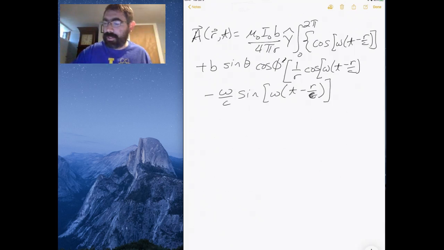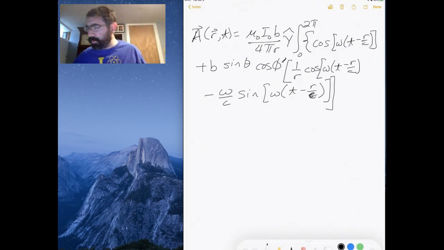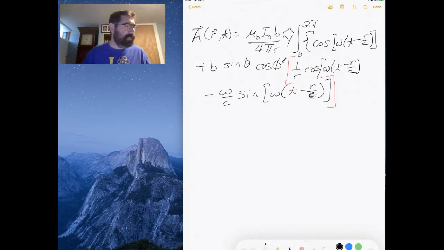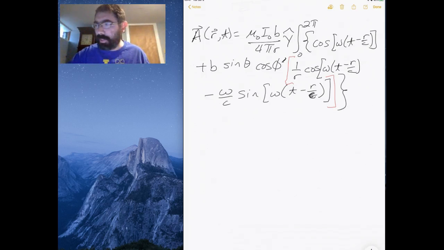Close the square brackets there. Actually, let me change that one to red so you can see where that bracket ends, right there. Then close the curly brackets, and I still have a cosine phi d phi.